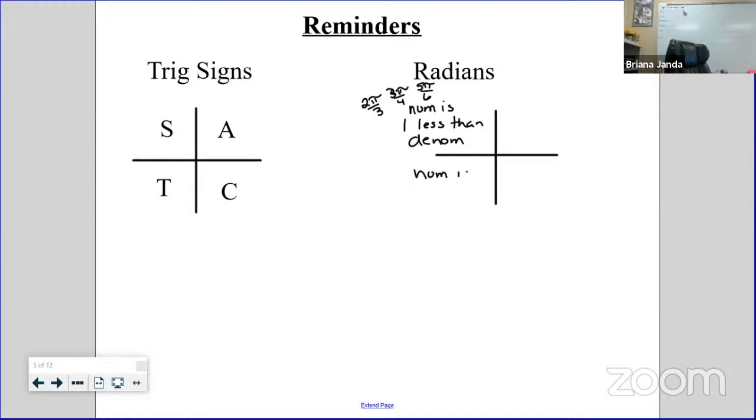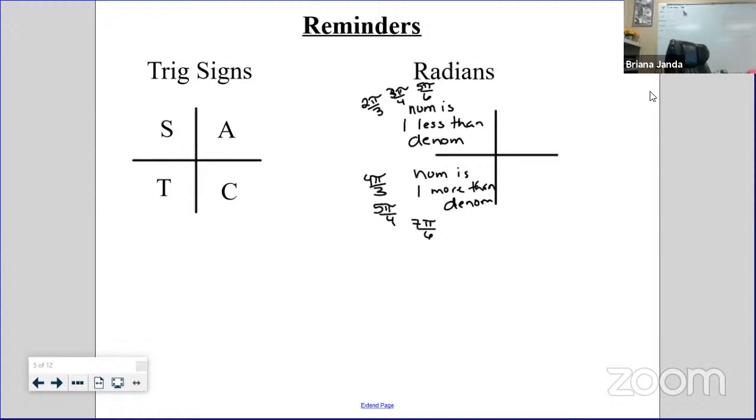The numerator is 1 more than the denominator. Specifically, 4 pi over 3, 5 pi over 4, and 7 pi over 6. I drew those out of order, but.